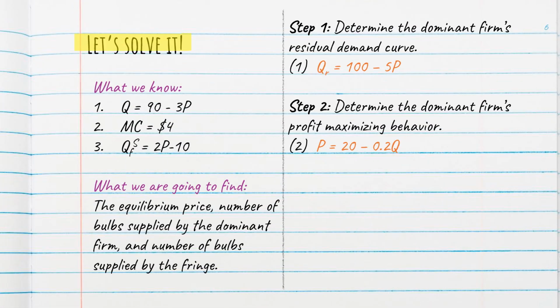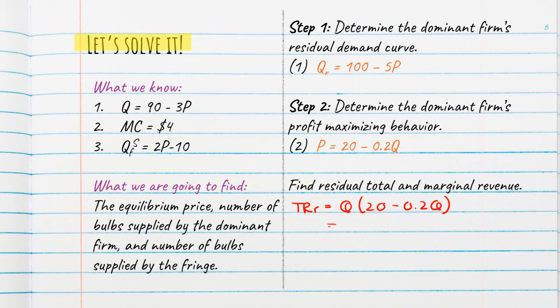Now, from our inverse residual demand, we can find the total and marginal revenue available to the dominant firm. We'll call that residual marginal revenue. So the total revenue is equal to Q times P, where P is 20 minus 0.2Q.